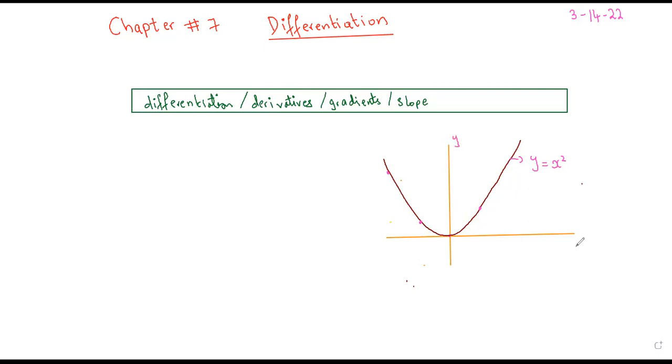This is the y-axis, this is the x-axis, and I am interested in finding out the gradient or slope at all these pink dots which I have made. How do I go about it? The best way is to find the derivative or to differentiate this curve. I have told you already all these terms are the same. At times I would be using derivative, at times differentiation. They are exactly the same.